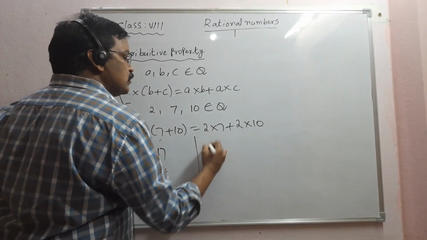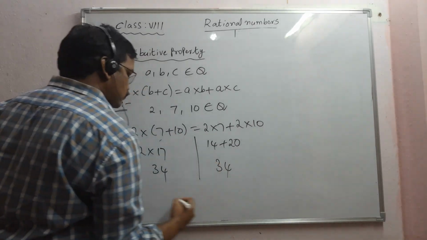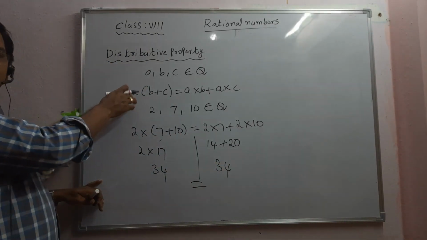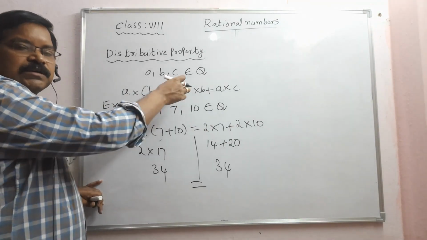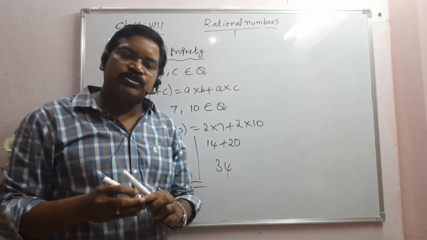Here also, 2 sevens are 14 plus 2 tens are 20, so this is 34. They are equal. That means A times B plus C is equal to A times B plus A times C. This is the distributive property.